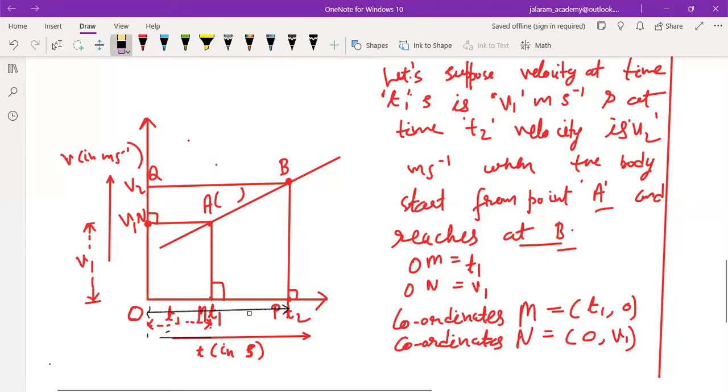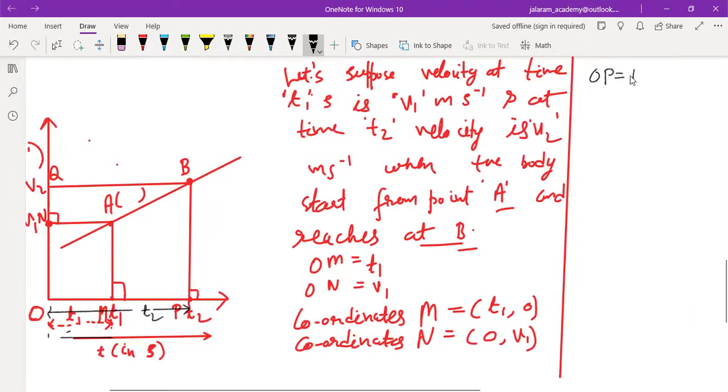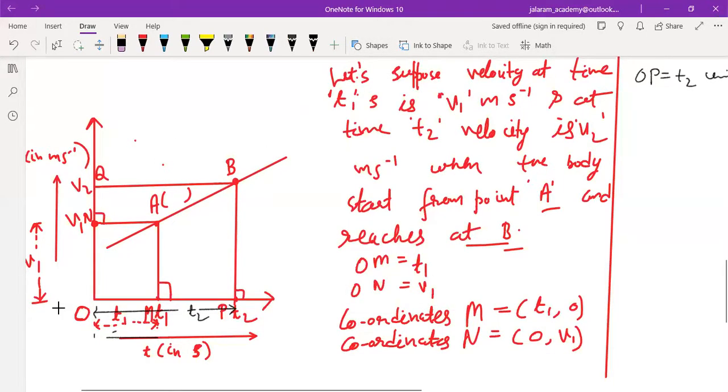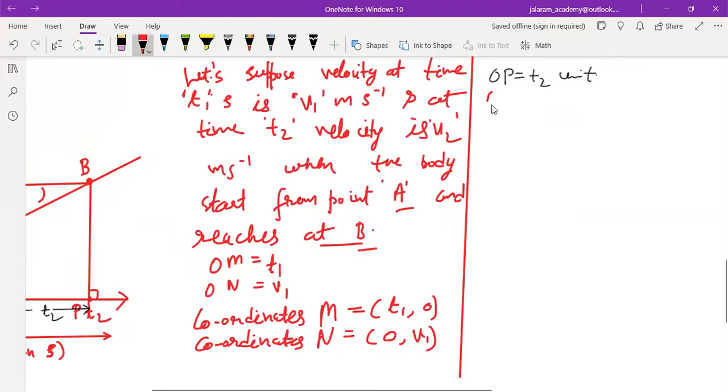That is, OP equals T2 unit. And OQ means the distance from the origin to the point Q. This distance will be V2, so OQ equals V2 unit.